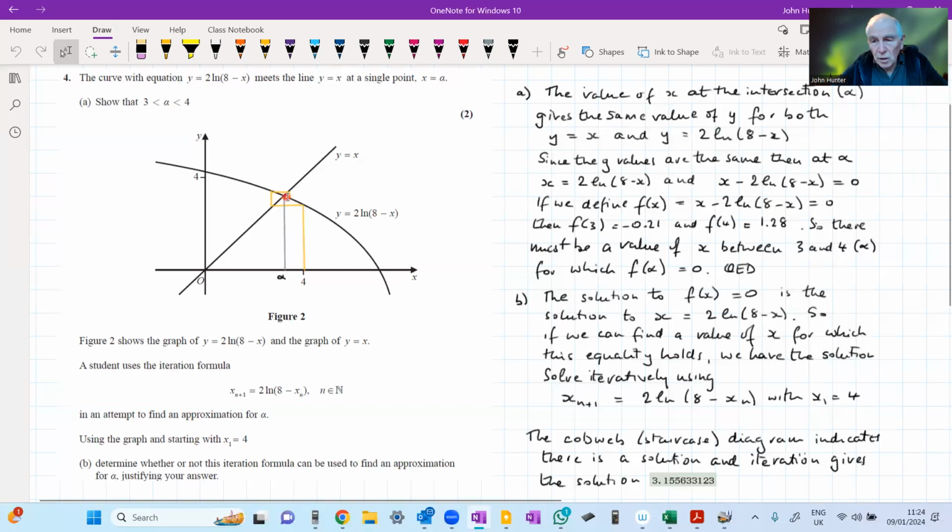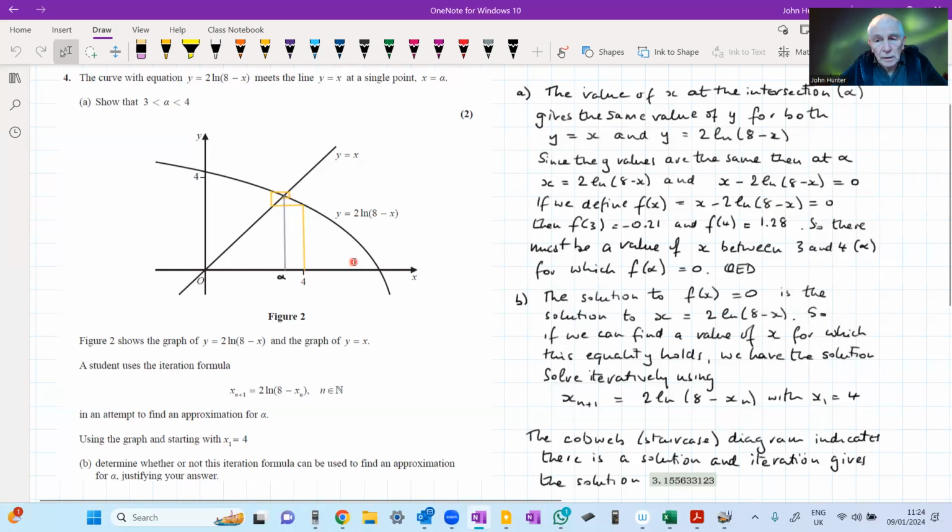So if we want to draw our cobweb or staircase diagrams, we can save a bit of travel by going curve, line, curve, line, curve, line. Now, if we have an iterative formula that converges to a solution, then we're going to home in on the solution. If not, we'll find it just shoots off to infinity.